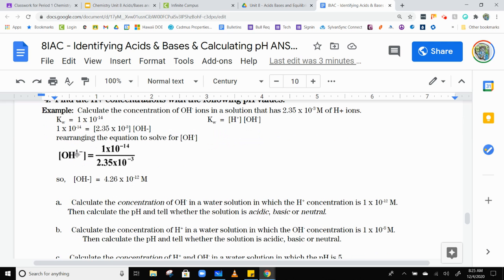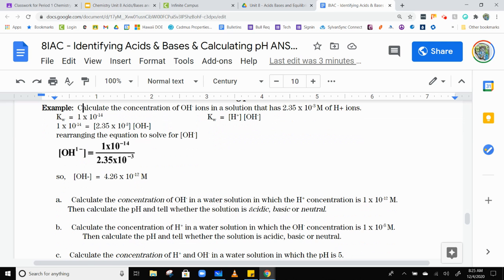So you're calculating the concentration of OH minus in a water solution. So you're basically calculating either OH minus or H plus given one or the other. For example here, you're given that the H plus concentration is 2.3 times 10 to the negative third, and you want to know the OH minus concentration.